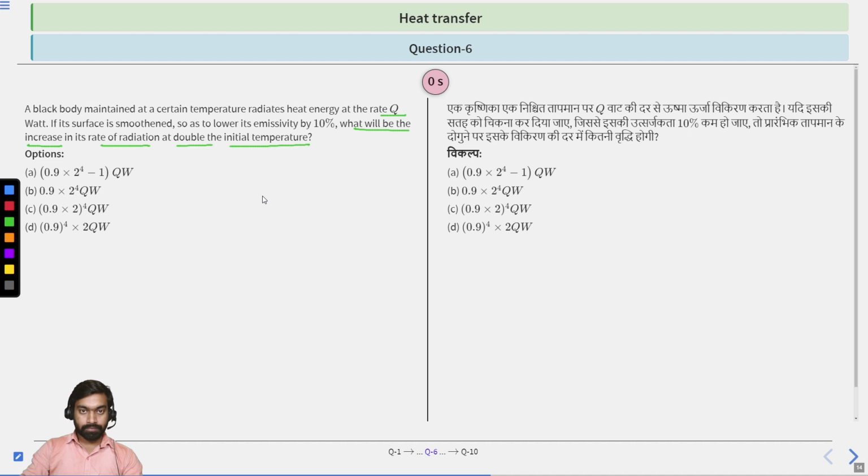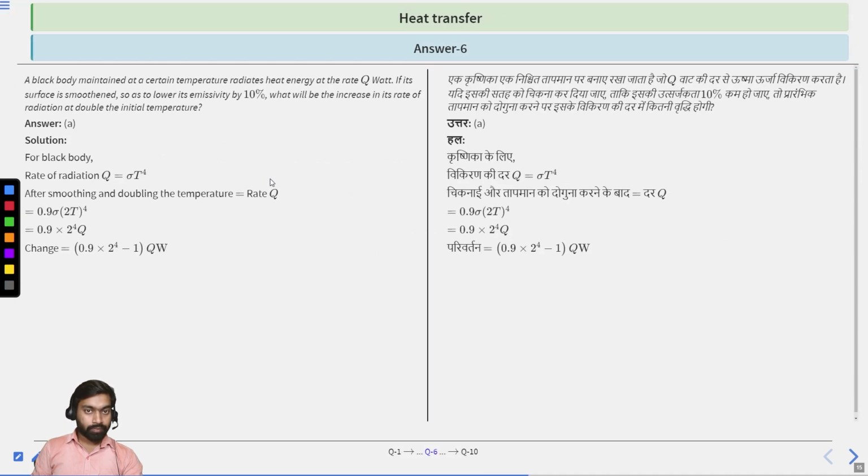Let's find a solution. So for a black body, we know the rate of radiation is Q equal to sigma T to the power 4.